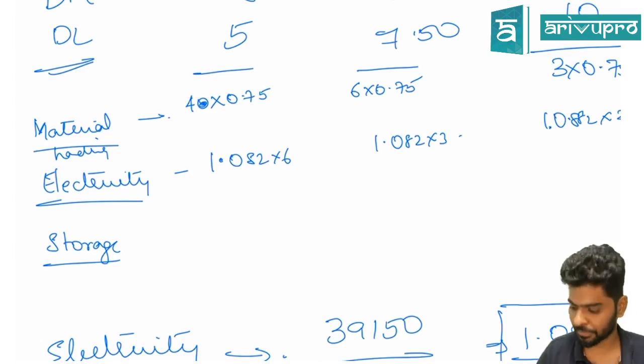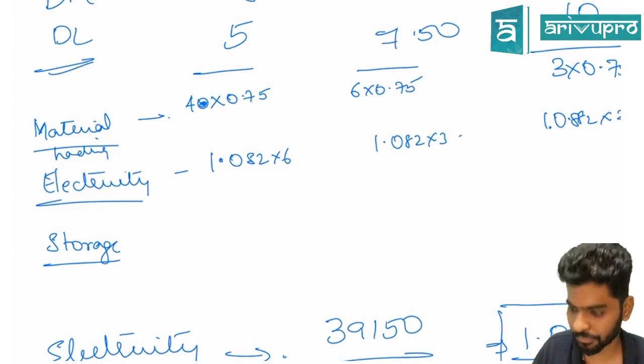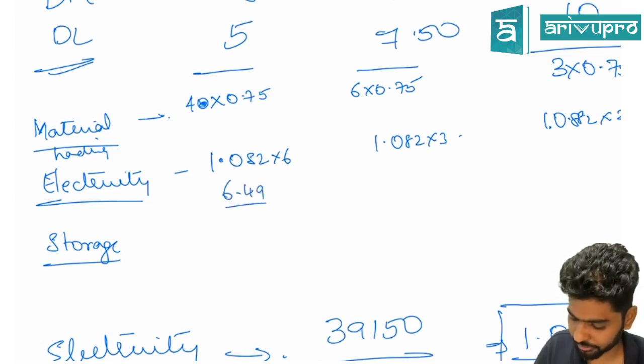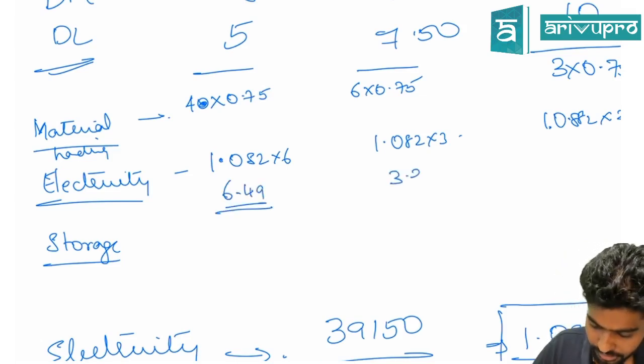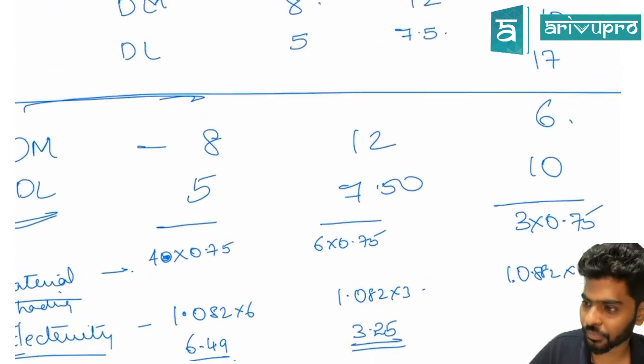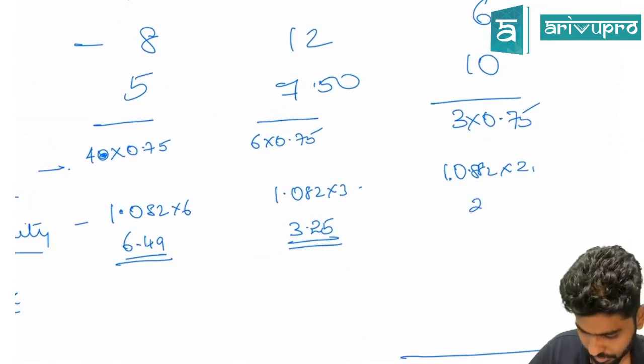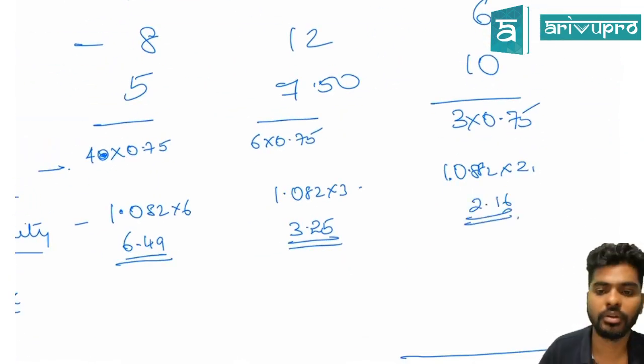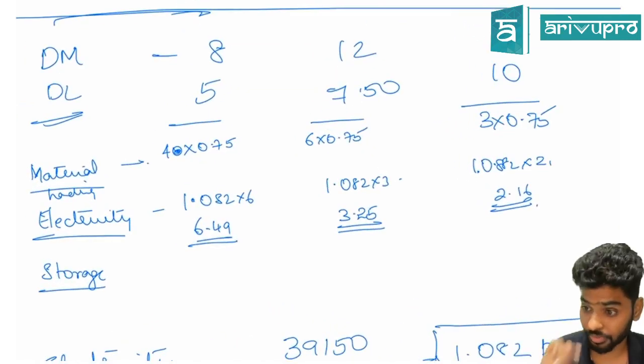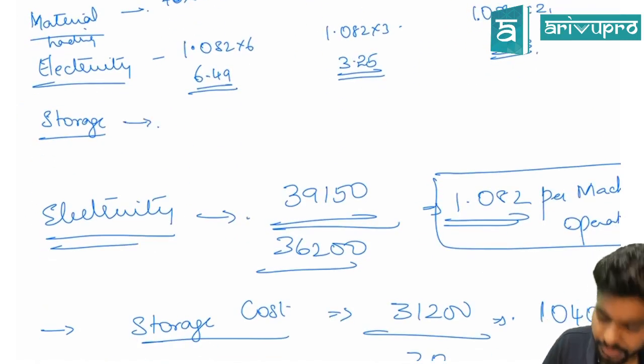Are you guys clear? So how much does it come to? 6.49, 3.25, 2.16. Last one is storage.